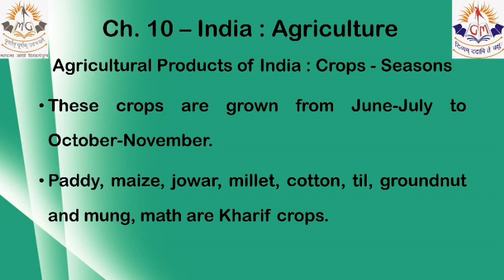I am repeating again, paddy, that means rice, then maize, that is the doda that you eat, right? Jowar, that is bajra. Millet is a group of coarse grain, there is jowar, bajra, all that falls under millet.